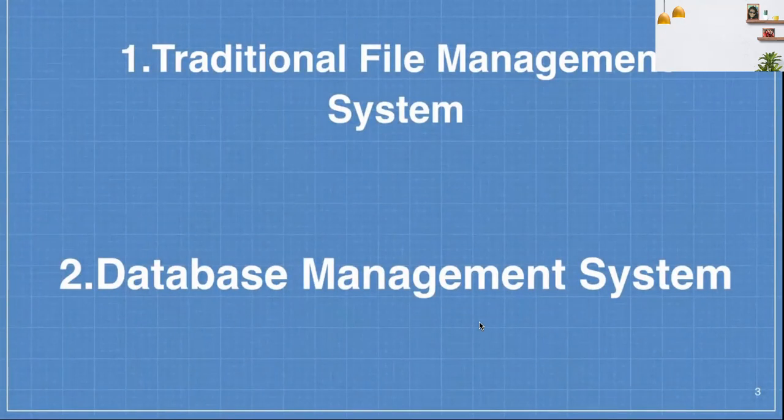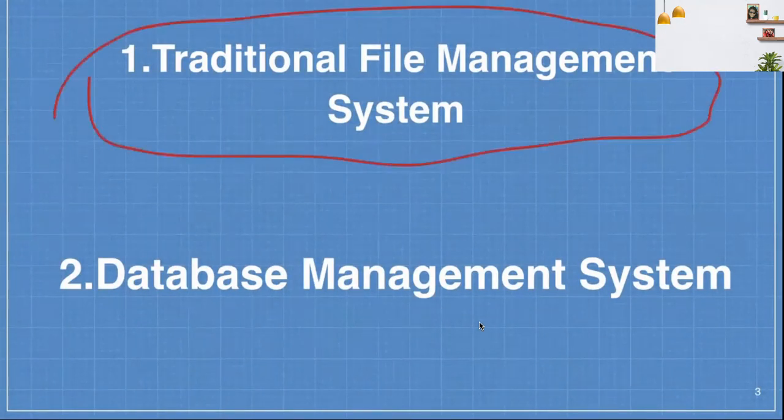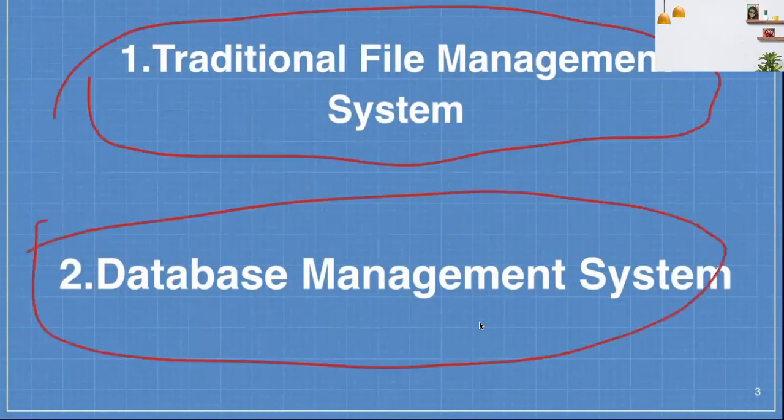One way is via traditional file management, and the other one is via database management system. We will discuss in detail their differences, pros and cons, and also find out which of the two is best for running a business.